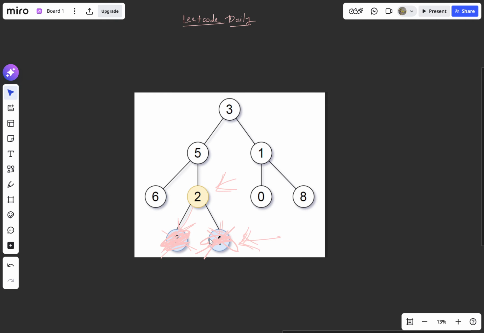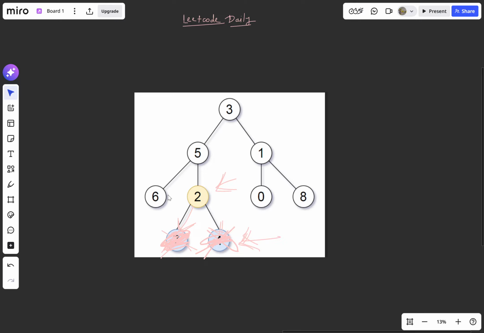Forget about these 2 nodes. Now 6, 2, 0 and 8 are the lowest nodes, the leaf nodes which are present. Their level is the lowest, or we can say they are the deepest nodes.